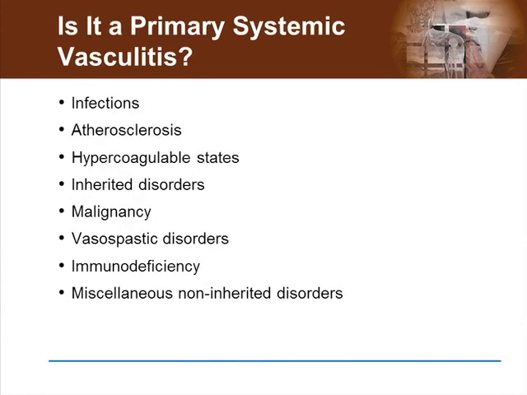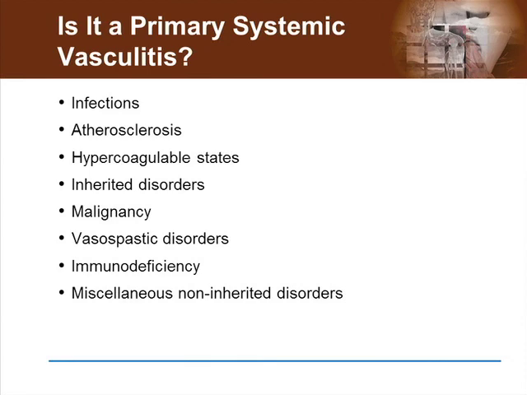The first question you should ask yourself whenever evaluating a patient for vasculitis is, is it a primary systemic vasculitis? Because it's imperative to look for secondary causes as well as look for mimics of primary systemic vasculitis.